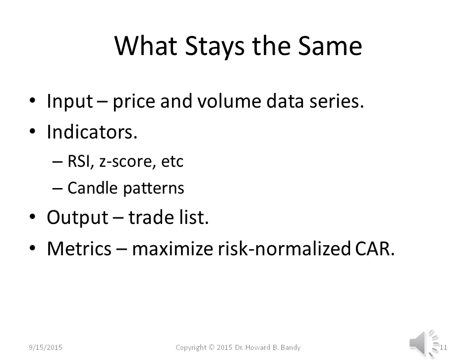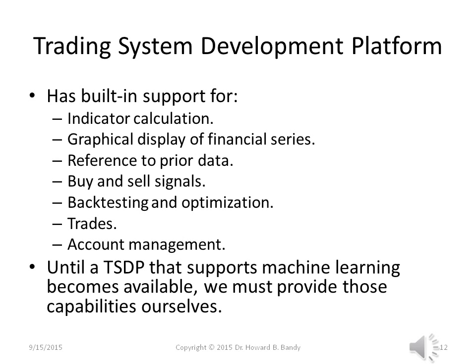What stays the same is the input, price and volume data series, indicators such as RSI or Z-score, or candle patterns, the output, the trade list, and the metrics to maximize risk-normalized compound annual rate of return. The trading system development platform has built-in support.